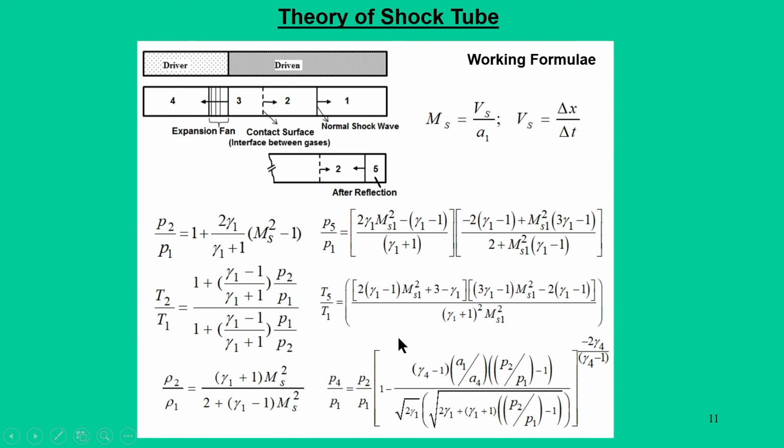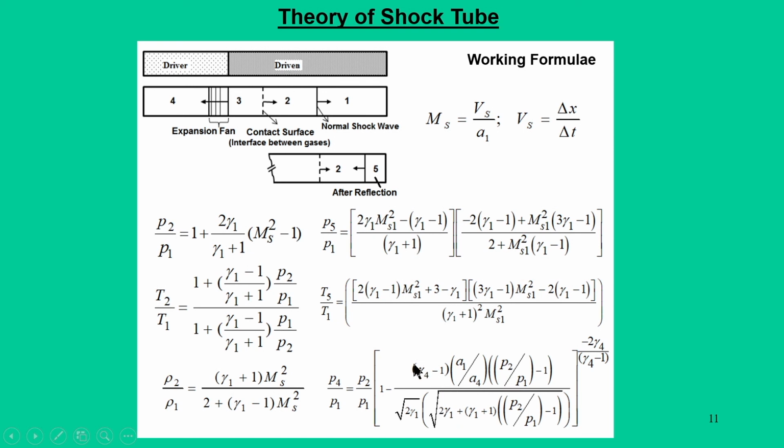Another important aspect is the ratio P 4 by P 1, where P 4 is the pressure in the driver section that ruptures the diaphragm, that is the rupture pressure. If you look here, it is a function of the gamma value in the driver gas, and also of the gamma value in the driven gas. So, you have gamma 4 and gamma 1.